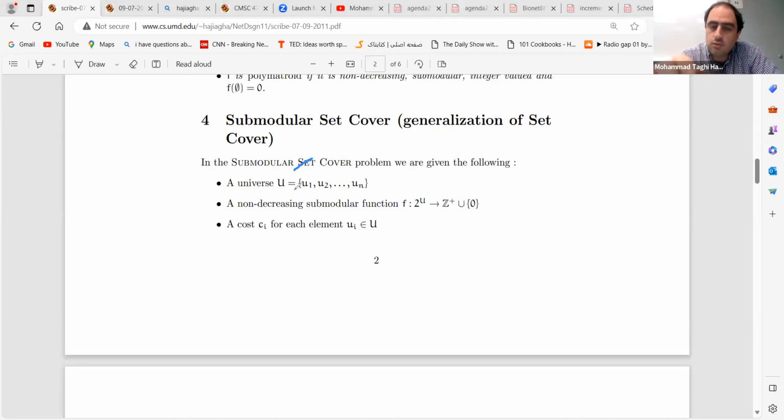There's a universe U, the same as set cover. We have a universe of elements, a non-decreasing submodular function f defined on all subsets of U, going to non-negative values, and a cost c_i for each element u_i. So for each element, we have a cost.